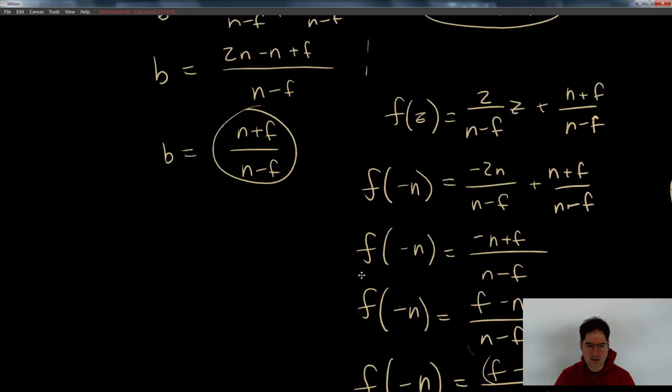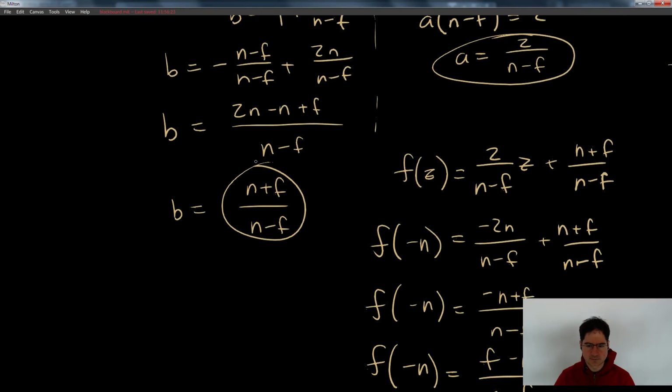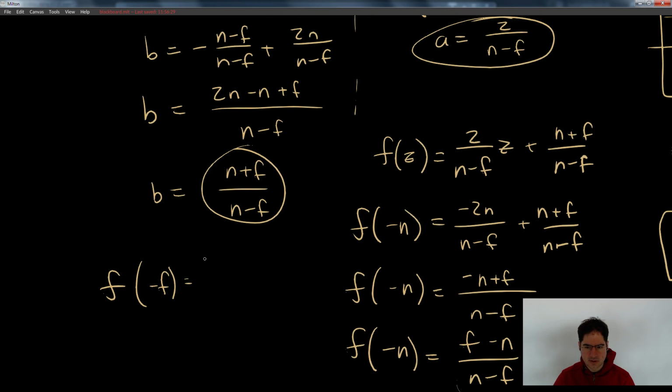And let's try the same exact equation, but this time plugging in -f just to make sure. And so that's, again, 2. The z value here now is -f. So that's going to be -f n minus f plus n plus f over n minus f, right?